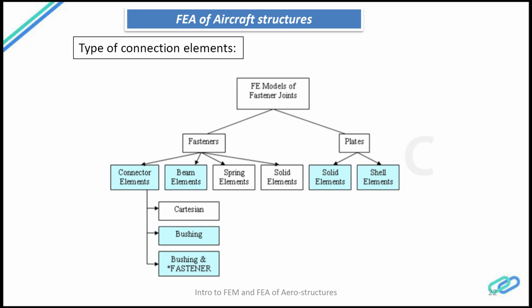This is mostly in the local model, not in the global model. In a bigger or global model, the fastener joints are modeled using beam elements, spring elements, or rigid body elements, which are the connector elements. Again, the connector elements might be a bush or bushing and fastener type connector elements.